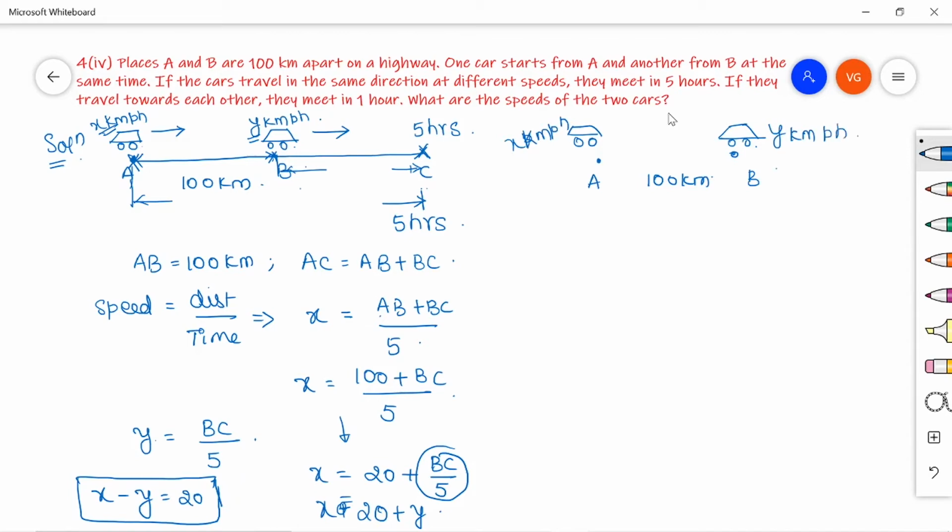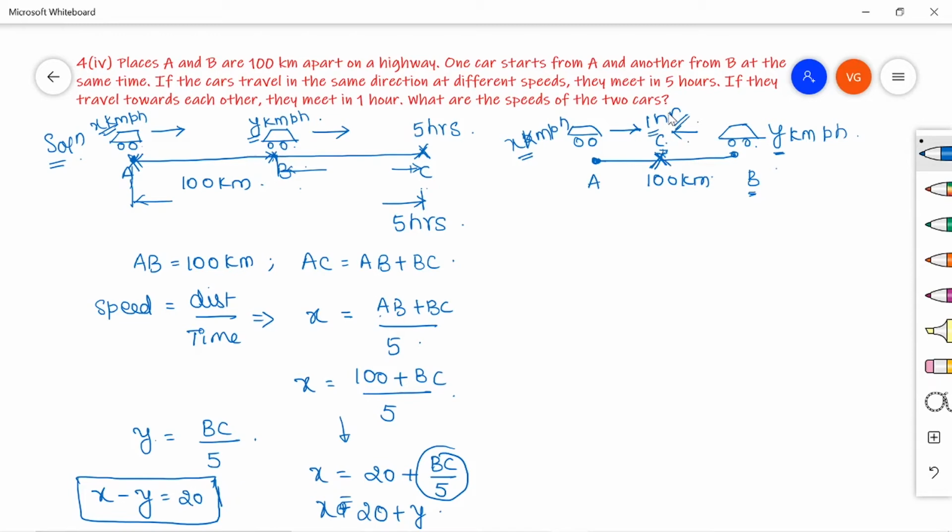They move towards each other and meet at some point, say C, in 1 hour. That is, the car that started from point A traveled till C in 1 hour with a speed of x kilometers per hour. Similarly, the car that started at point B with a speed of y kilometers per hour traveled till point C in the same time, 1 hour.